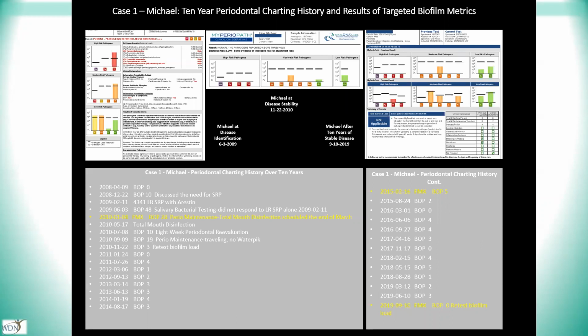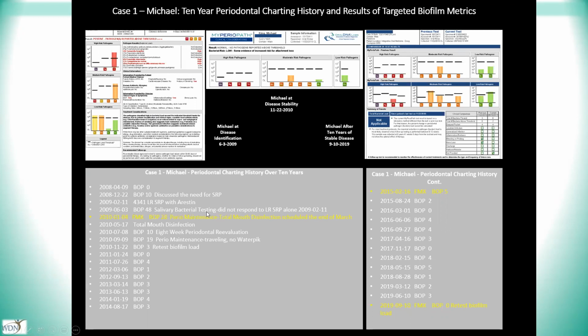So I also have something interesting on Michael. I have 10-year periodontal charting data, and I have the results of a targeted biofilm metric. So this was 2009, his first microbial presentation, at disease discovery when he had 48 sites of bleeding. We did salivary bacterial testing back then.